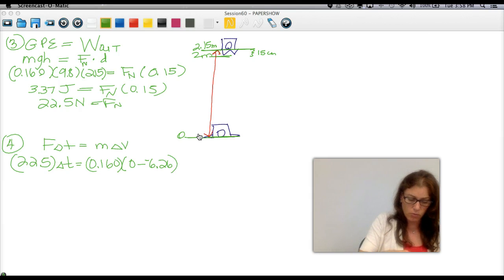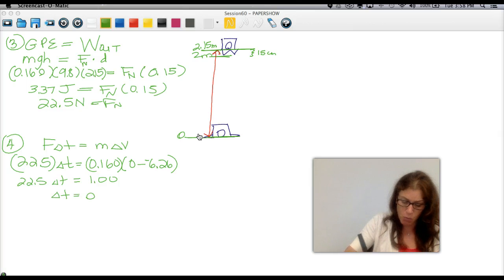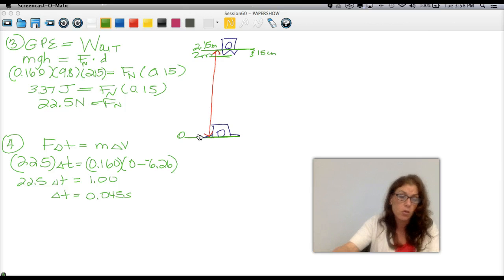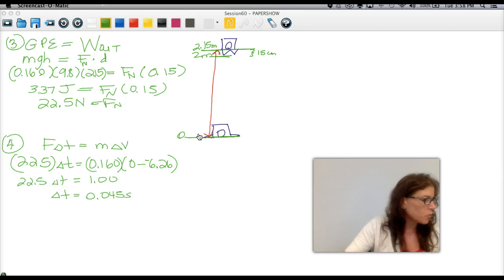So when you do 6.26 times 0.16, this is 1.00, and you have 22.5 on this side. You get a contact time of 0.045 seconds, a very small time, of course, right? It happens very quickly, more than we can really see.